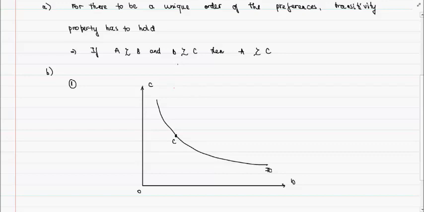Now I would like to draw the preferred set of C. The preferred set of C includes all the bundles that are preferred to bundle C, which is basically better than bundle C. So anything above the indifference curve, in the interior set, includes all of the bundles preferred to C, and that is called the preferred set of C. It includes everything that is above the curve.